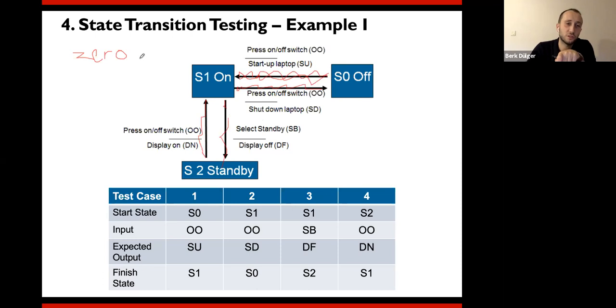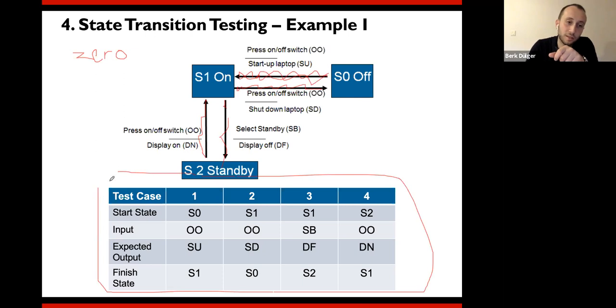The number of test cases for zero switch coverage equals the number of transitions in the system. So for this example, we need 4 different test cases, which are displayed on the table. This is zero switch coverage.